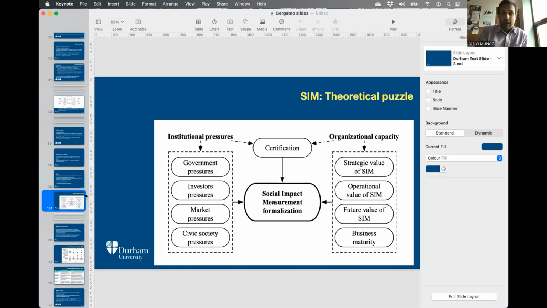And that's a driver of formalization, right? Because we measure ranges of levels of formalization, going from fairly informal and ad hoc tools.